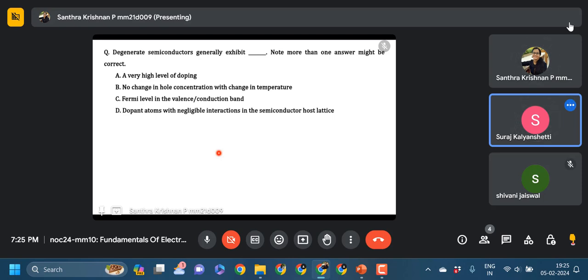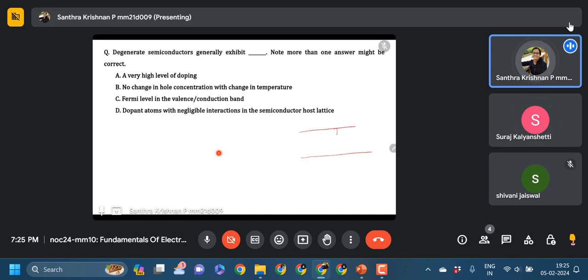Okay. Whenever we talk about semiconductors, the basic definition is that something has a band gap. If you have a valence band here and a conduction band here, and there is a sufficient energy difference between the two, we call them semiconductors. That is, they don't exhibit pure metallic or pure insulator behavior. Whenever we add dopant atoms, energy levels get introduced in between.